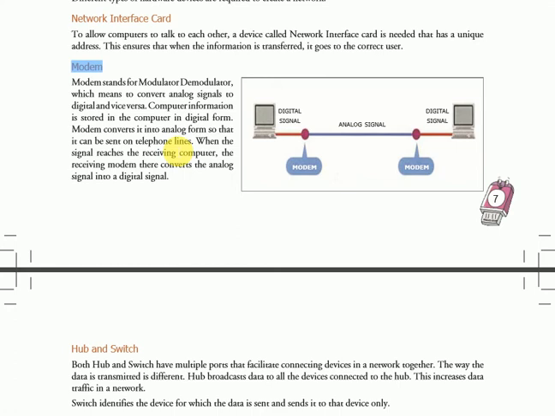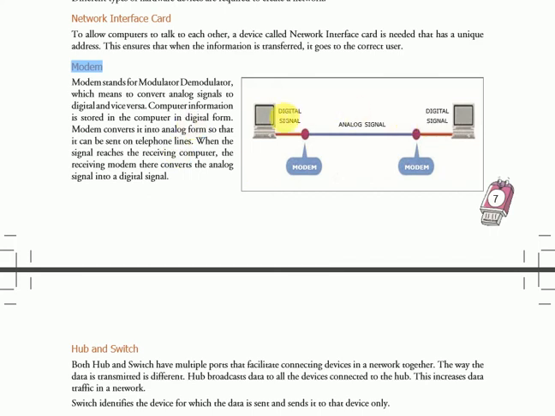Then the data travels, and after traveling the data is received by the receiver. Then the receiving modem converts this data vice versa, meaning analog signal to digital. After that the user is able to read the data. That is why it is called modem, and it stands for modulator demodulator.